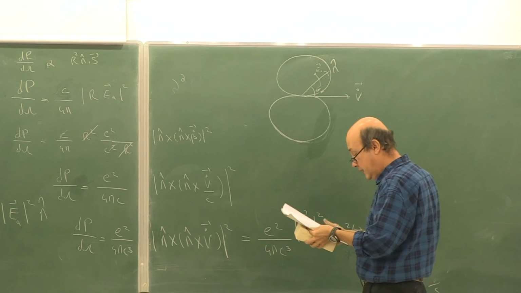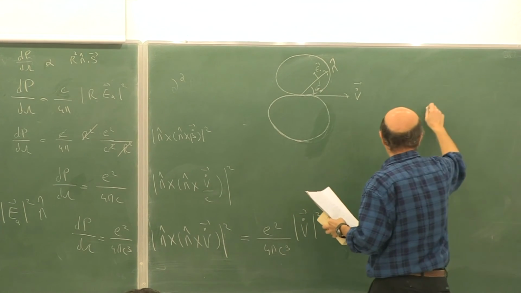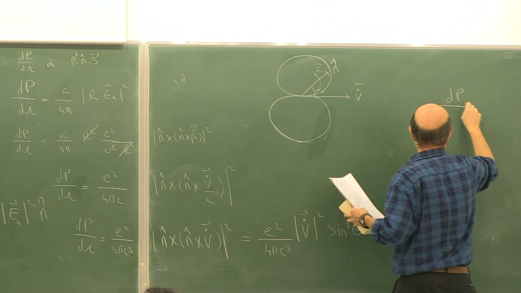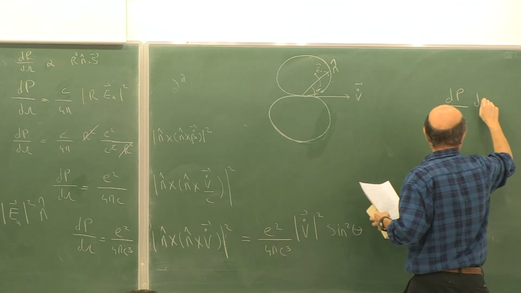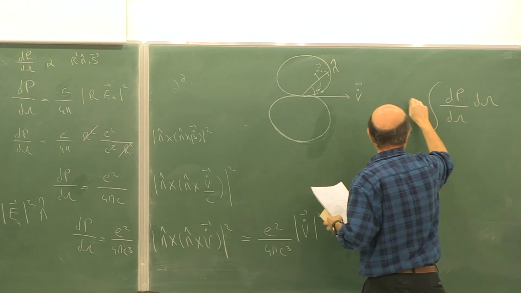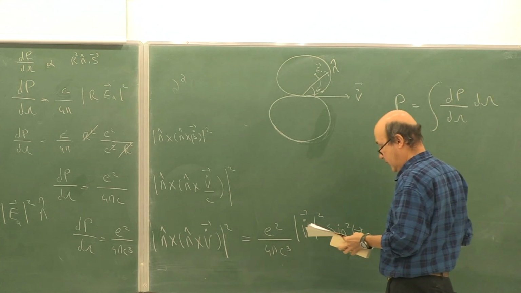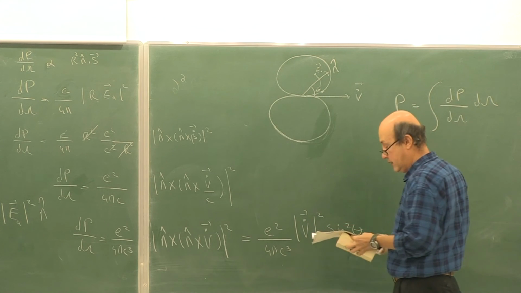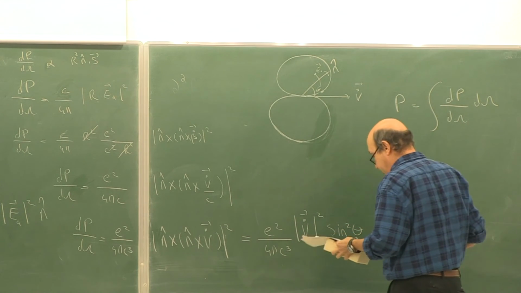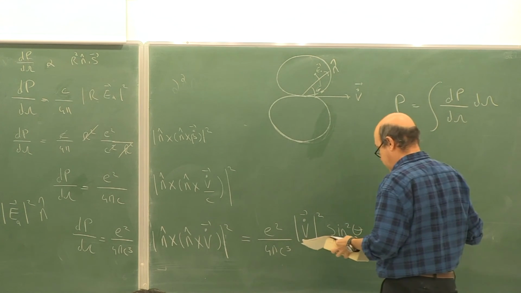And if you integrate this through all solid angles, you will obtain the total power. Sine squared theta integrated through the solid angles, sine theta d theta d phi, you will obtain, I think, 8 pi over 3.